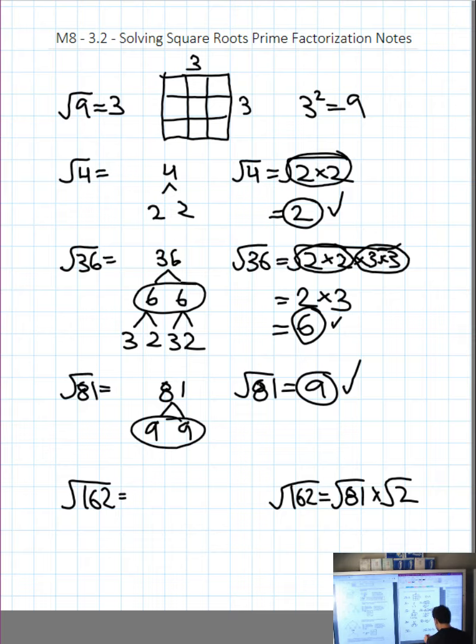Now, root 81 is 9, so it's simply 9 root 2. And we probably won't do those things until we get to grade 10, just getting ahead. Square root of 162 is 12.7. So I'm just going to say that, 12.7. And then I'm going to do 9 times the square root of 2. And I'm going to get the same 12.7. So we can say check mark for any of the students who are getting ahead.